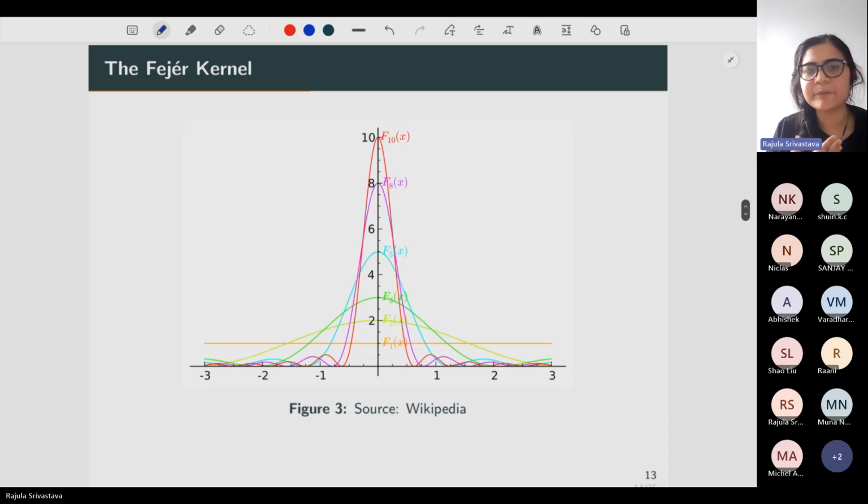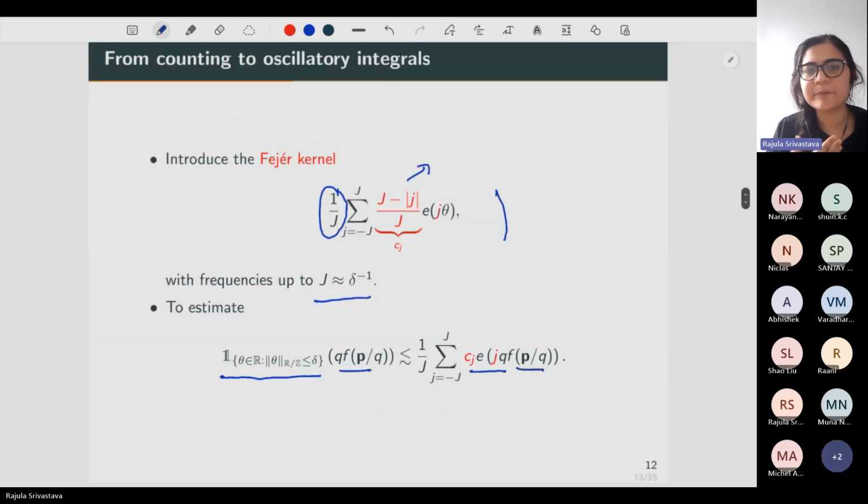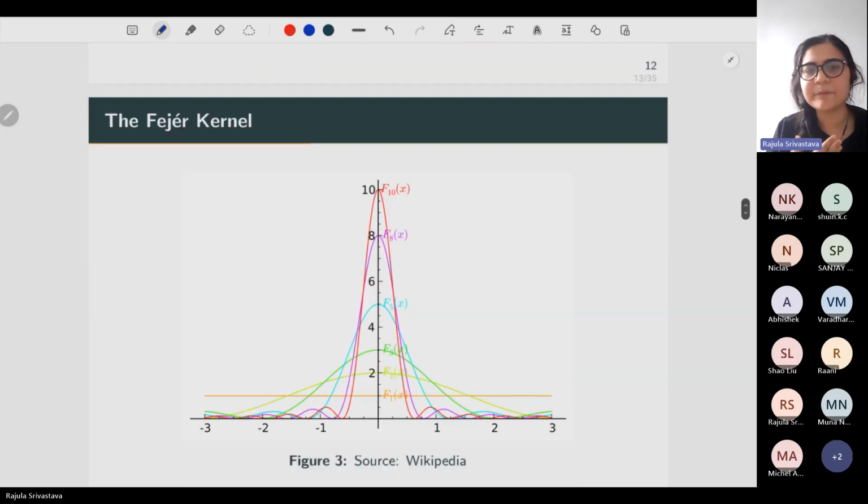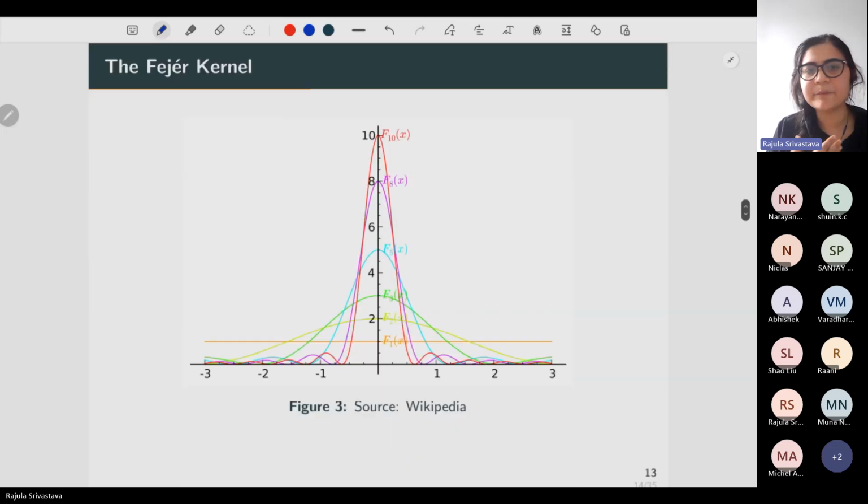This picture of the Fejér kernel is not exactly the same, because there's the 1 over J as well, but if you just look at the argument, this is how the Fejér kernel looks. The more frequencies you take, the more the cancellation, and so the more concentrated the set on which it essentially lives, and then it falls off rapidly.